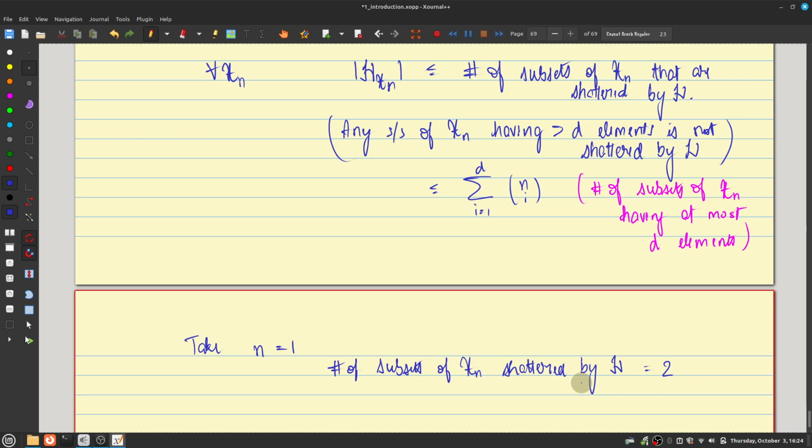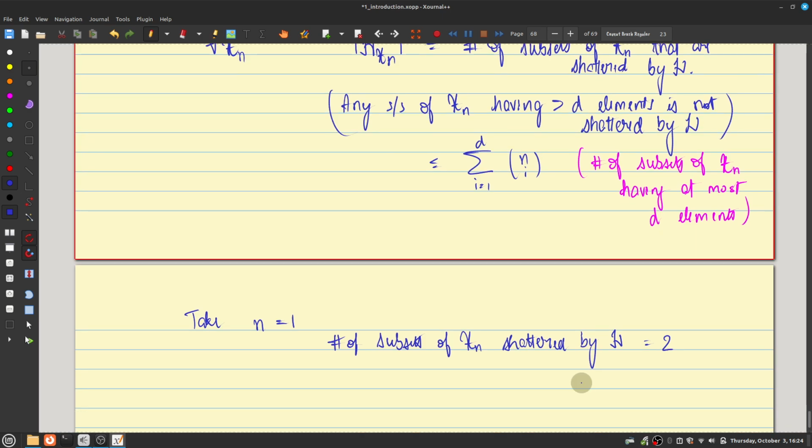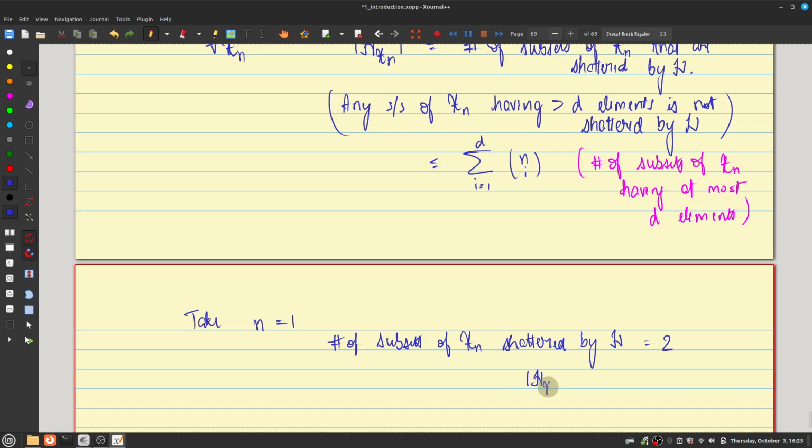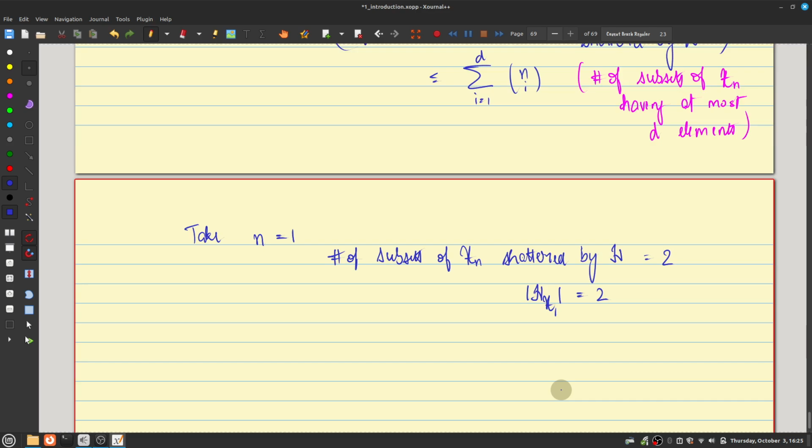If it takes on 2 different values, then that's equal to 2. Correct? Are you convinced? Okay.